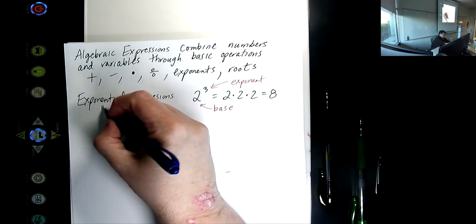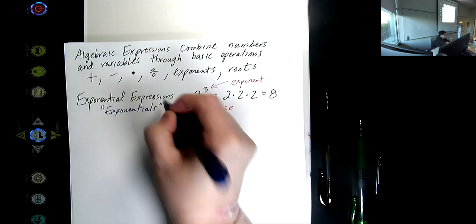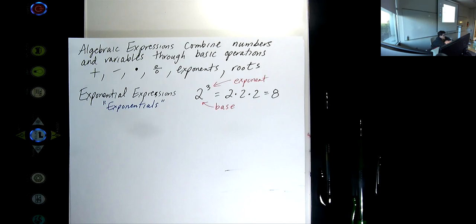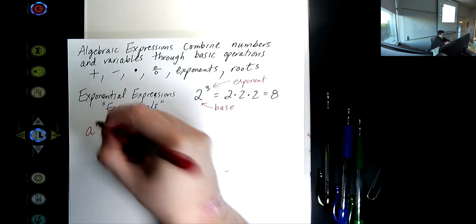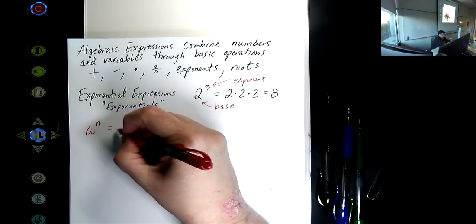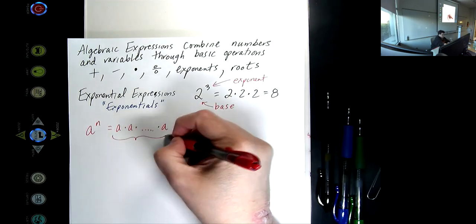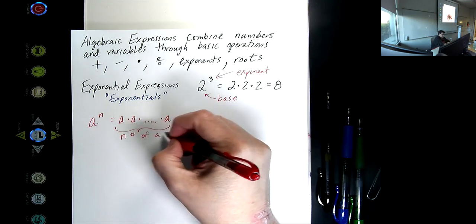You will also see these called exponentials without the term expressions. So a generic form: we've got a to the n power. This is really just a times a, and you keep doing a bunch of a's. And if you count up all the a's, there are n number of a's multiplied together.